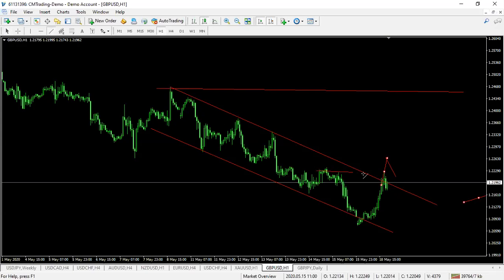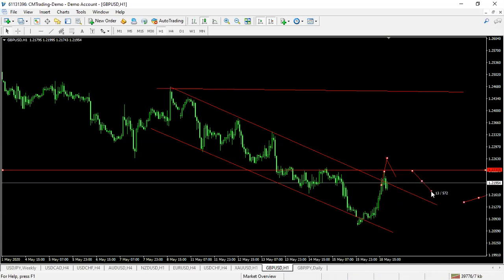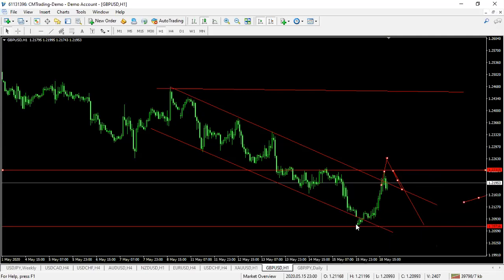It can move back to this point, this previous support and resistance. Okay, you can draw it with a straight line and it will be a bit clear. Okay, alternatively it can retrace to the trend line. Alternatively, it can be a breakout but go back all the way down. So if it comes back down to here, then we stop calling it a breakout, it becomes a double bottom.